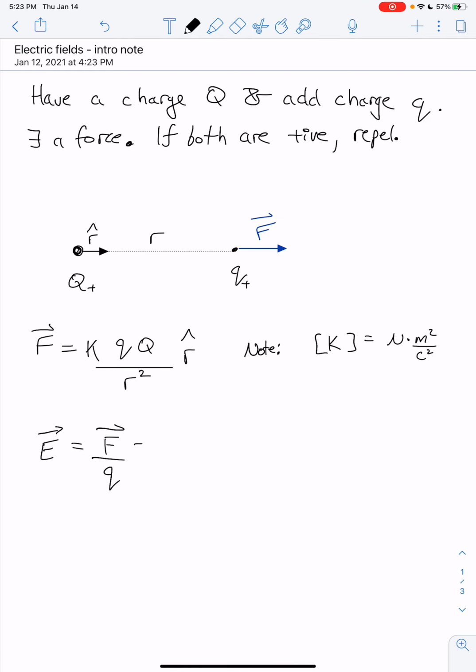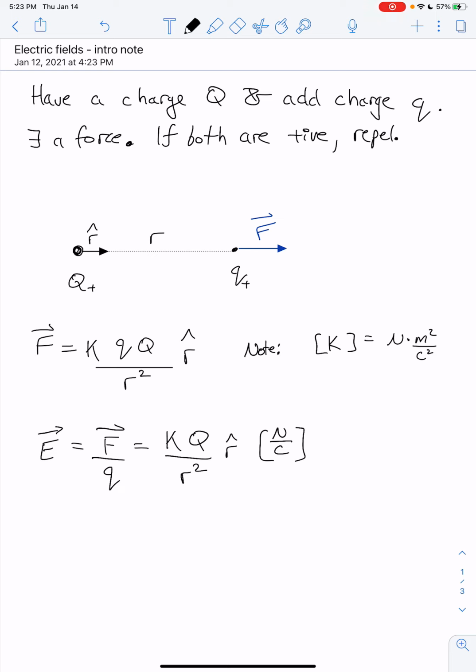And that gives us, because we've got an equation for force already, an equation where we've got our constant, but then the two little q's cancel. So it'll be kQ over r squared in the direction of r hat. And that's in newtons per coulomb.